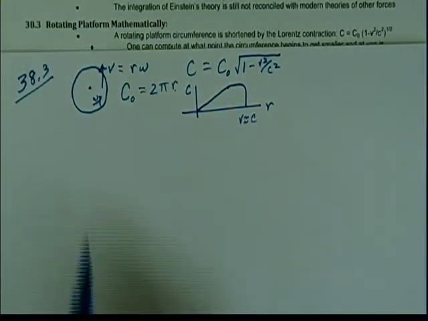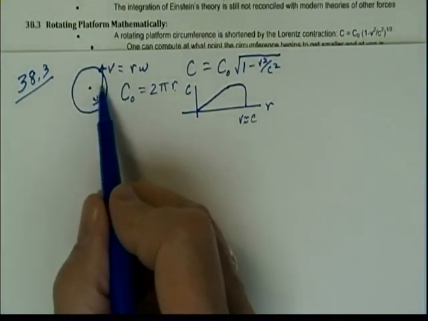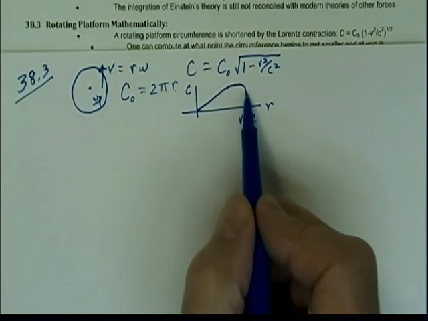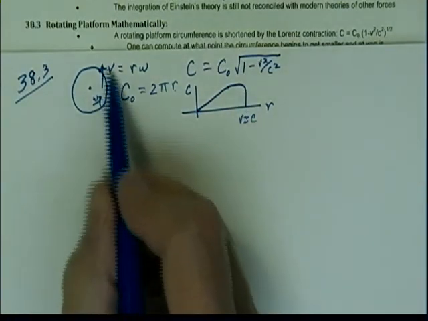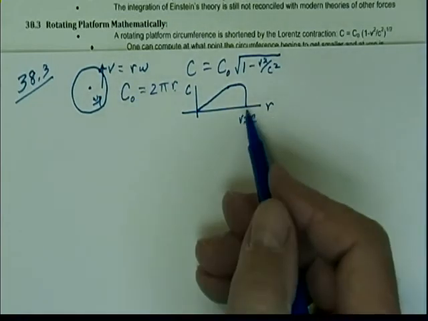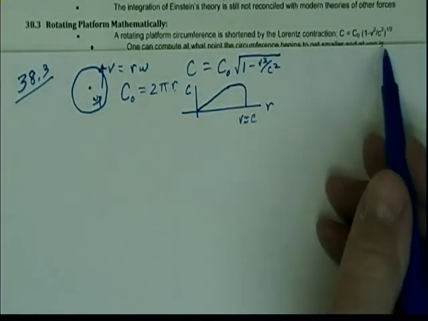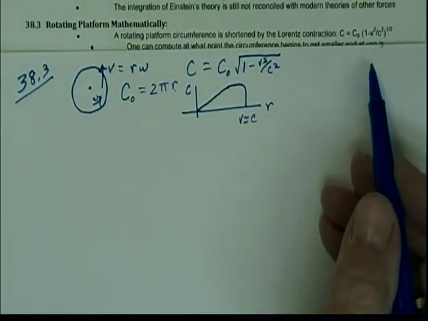Well, that is a very strange thing, that the distance around a circle gets larger and larger, then begins to get smaller and smaller, until finally the distance around the circle way out there at large r is 0. Well, that's not the only thing that happens. This happens because of Lorentz contraction.